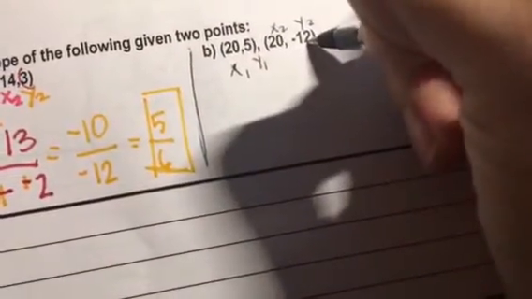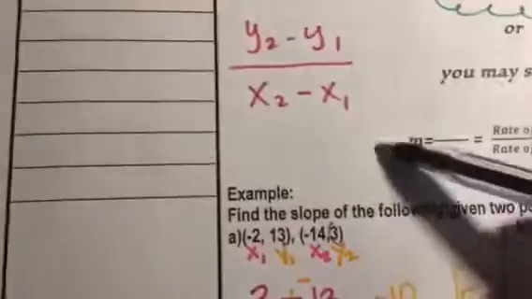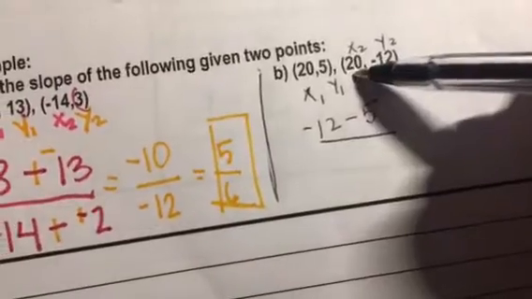Okay, so again, the formula is this one over here. Y sub 2 minus y sub 1. Y sub 2, this is negative 12, minus y sub 1, and use negative 12 minus 5 all over x sub 2 minus x sub 1. So my x sub 2 is 20 minus x sub 1, which is 20.